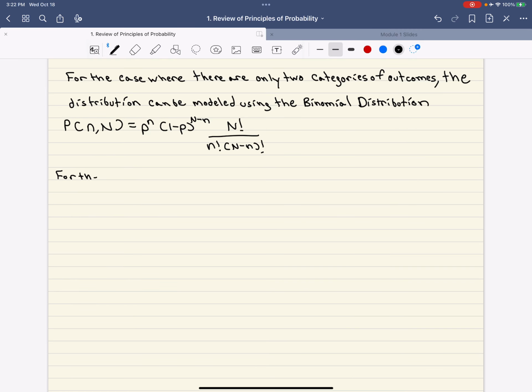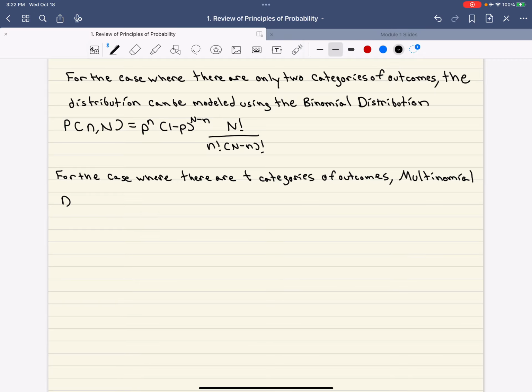For the case where there are T categories of outcomes, then we could use what's known as the multinomial distribution.